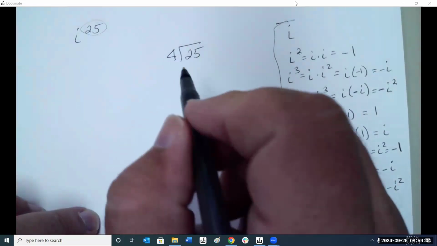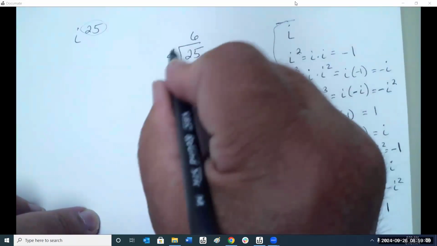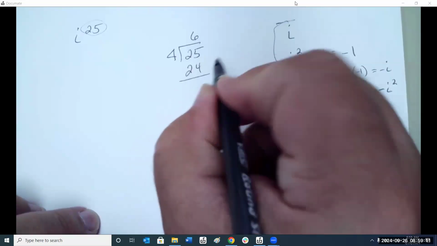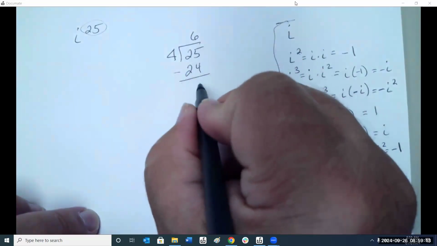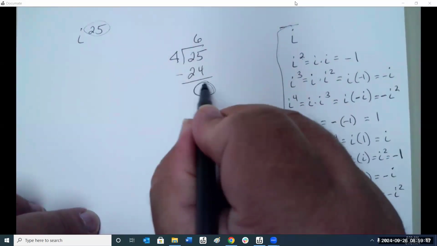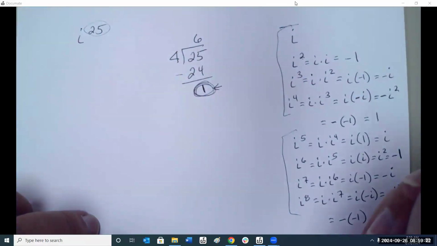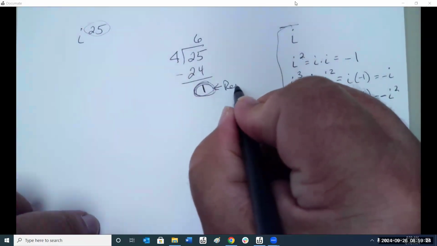So 4 goes into 25 how many times? 6. 6 times 4 is 24. Subtract them, you get 1. This is the number you're looking for. What is this number called? The remainder.